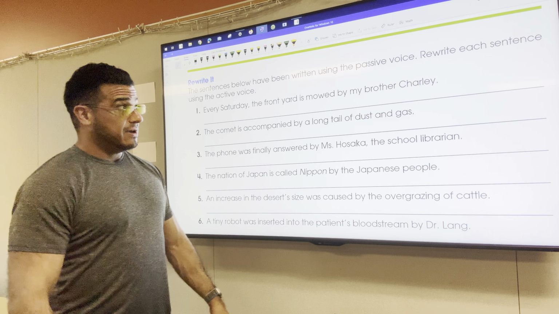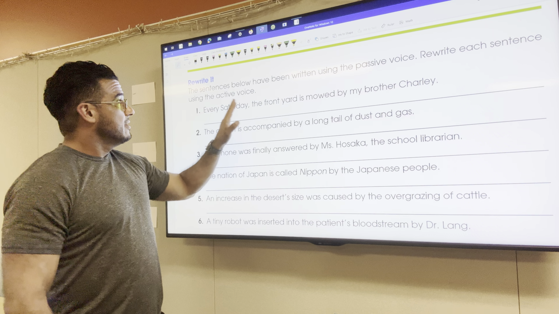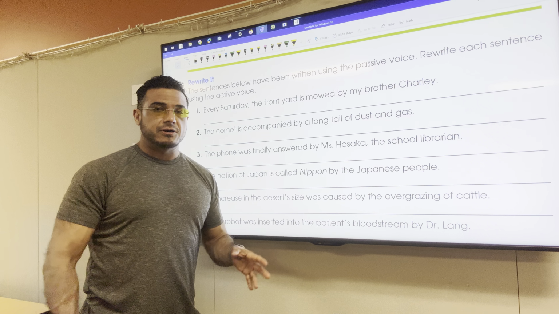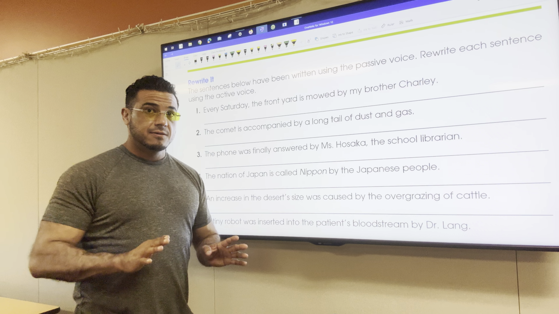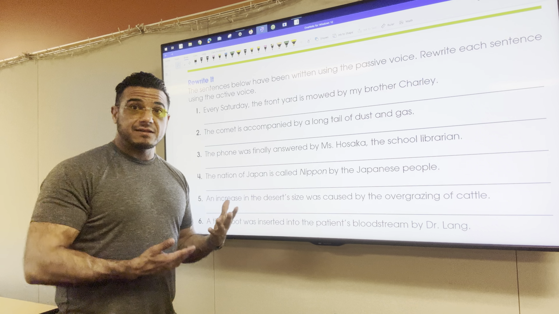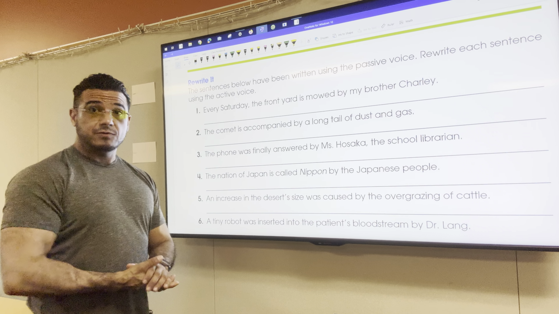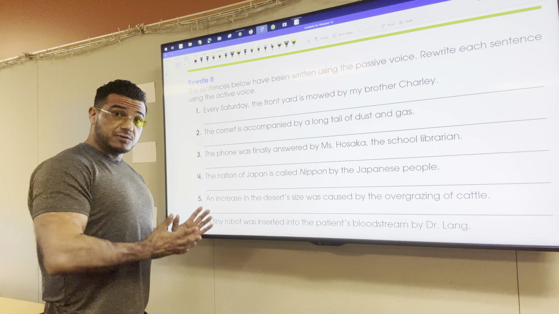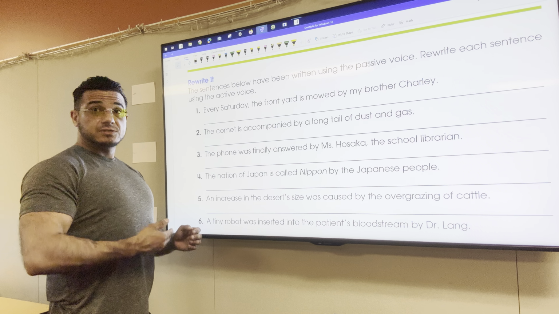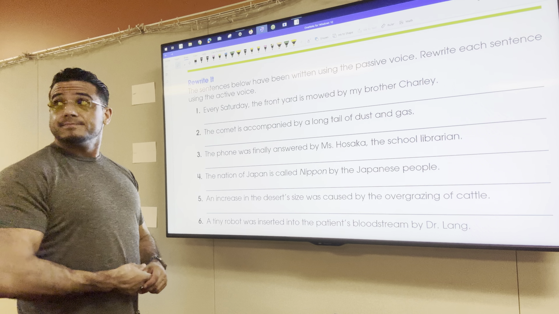Now we have our subject as Charlie, who happens to mow the front yard, and we know that it's happening every Saturday. So the information stays exactly the same, it doesn't change the meaning, but we now have an active version of the sentence. So as I mentioned, pause here to please convert these sentences on your own, and then resume so that we can go over them together. Alrighty, thank you.